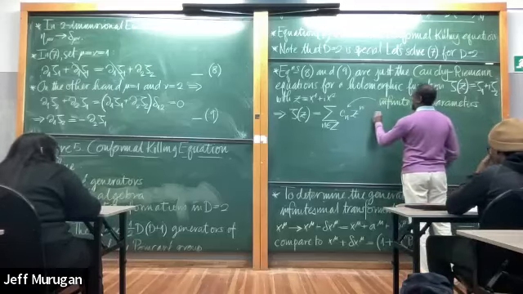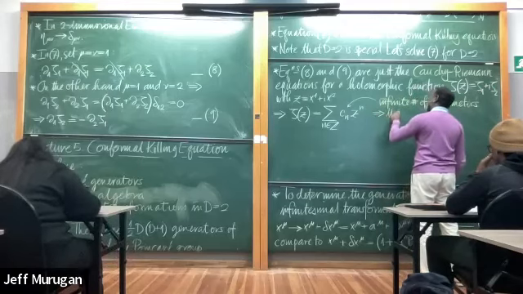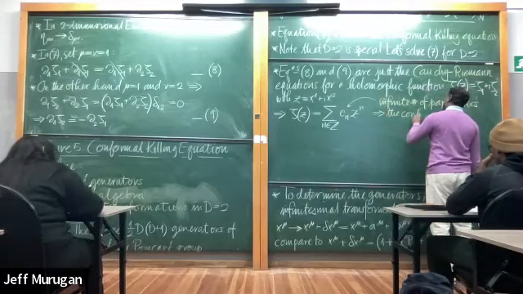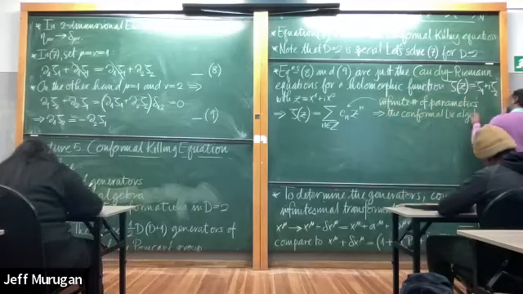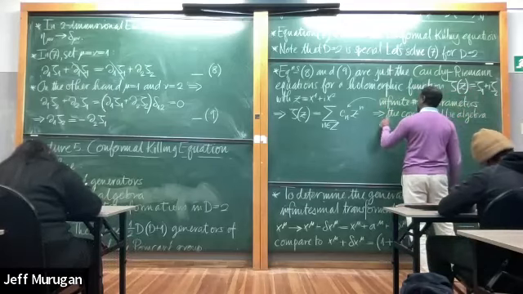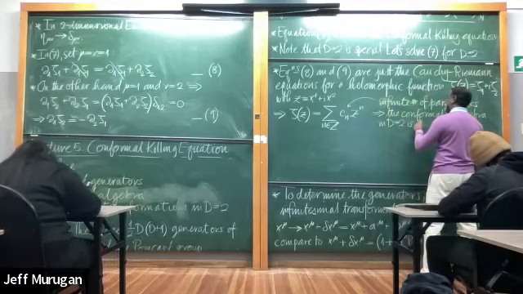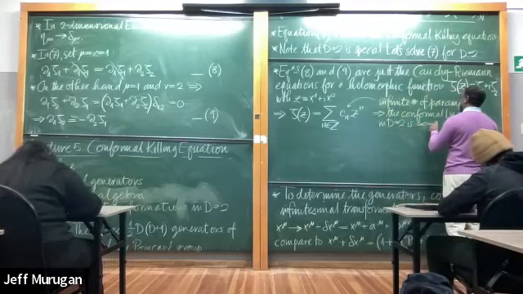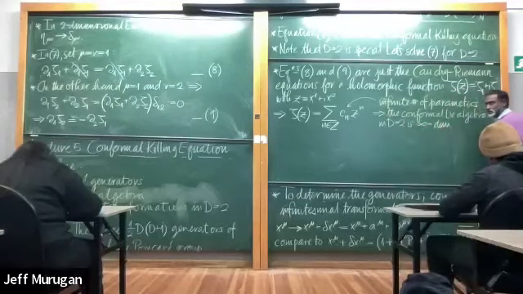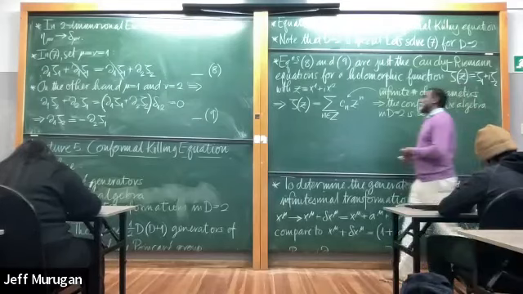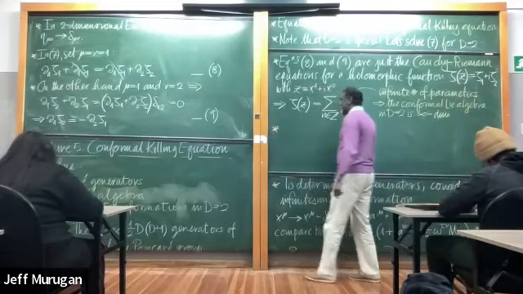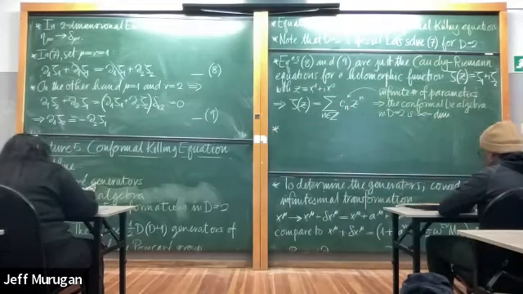Which means that the conformal algebra in d equals 2 is infinite dimensional. Is there some intuition that we could use to understand why this is the case? The answer is yes. Because conformal transformations rescale the metric.